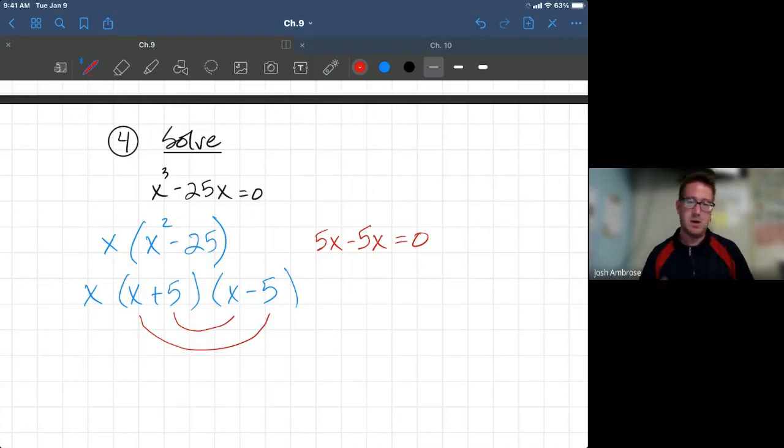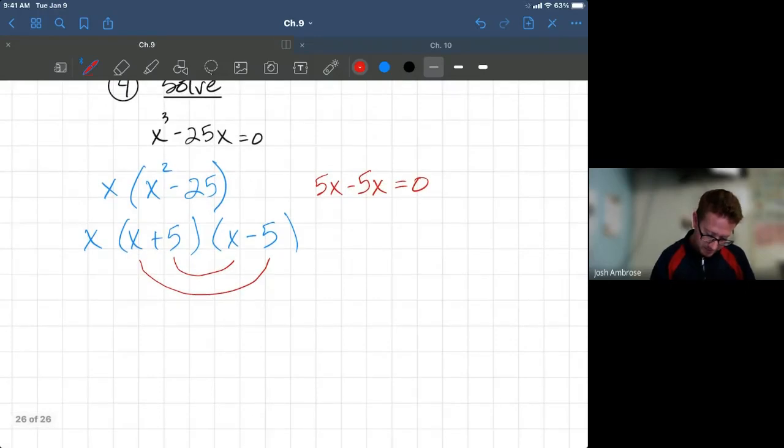Okay? So all of this still works, but we've got to solve it. There is that one more piece where now we're going to have to solve all 3 parts. So this first one, nice and easy, x equals 0.